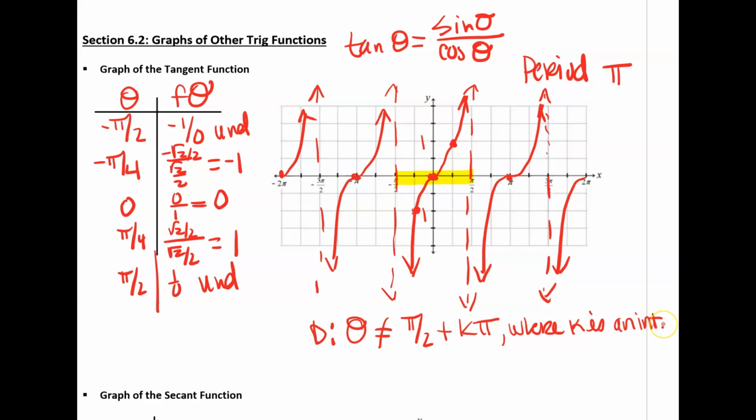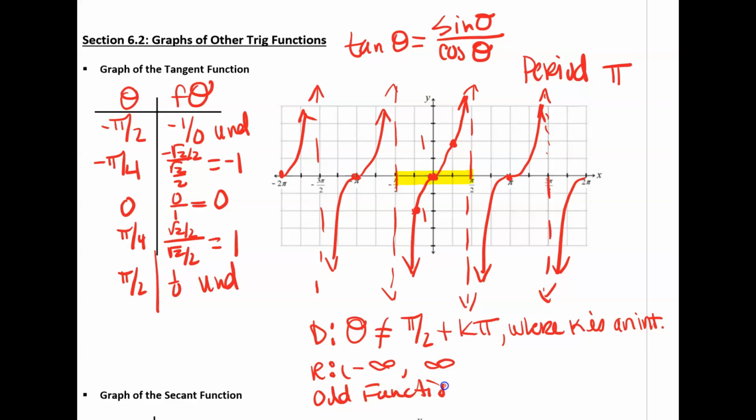And remember, your integers are like -1, -2, +1, +2. And so that's going to create a vertical asymptote every pi units. So the range of this function is actually -infinity to infinity because you can see we have arrows going upward forever and downward forever, excuse me.